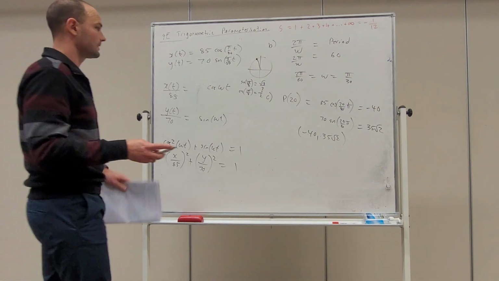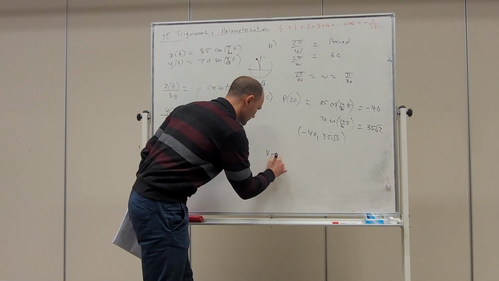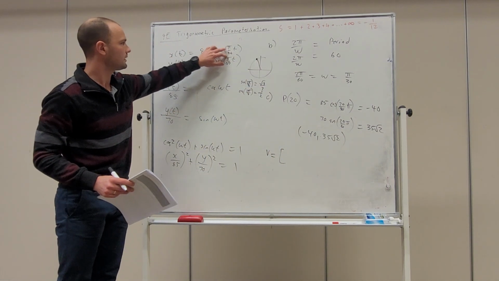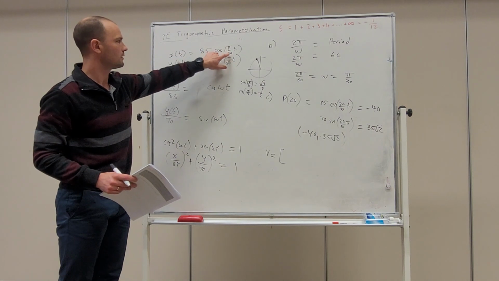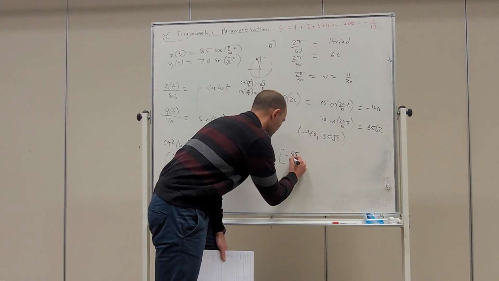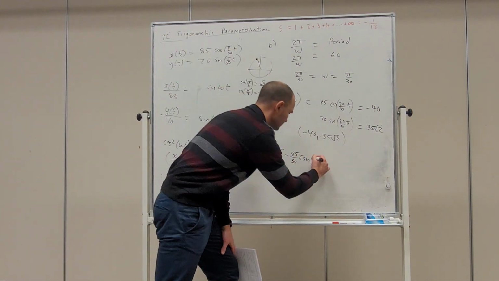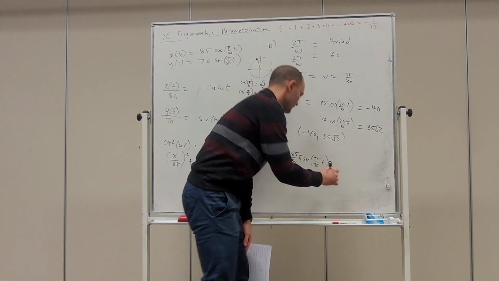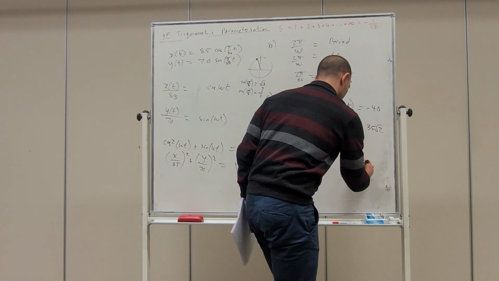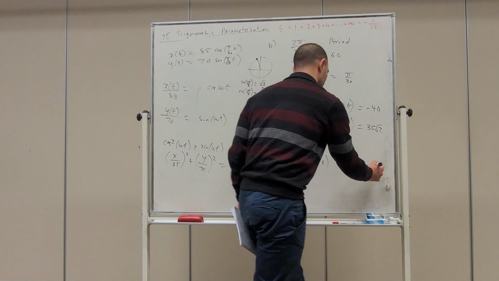Velocity, so we need the velocity vector, and the velocity vector is the derivative of these, right? So the velocity vector is going to be 85 times pi on 30. Now, cos goes to negative sine, so it's negative 85 pi on 30 sine of pi on 30 t, and 70 pi on 30 cos of pi on 30 t.